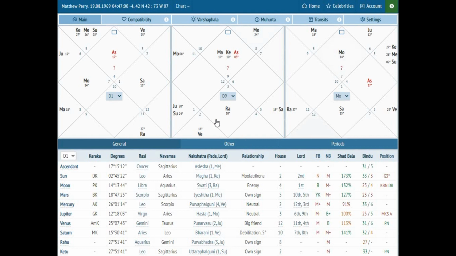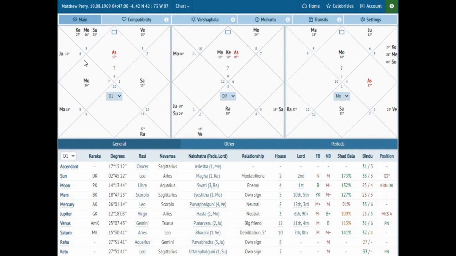All this will change if you have a different time of birth. For example, at 05:47, these two charts can be different. And this one can also be different, but it could be the same for some timings.